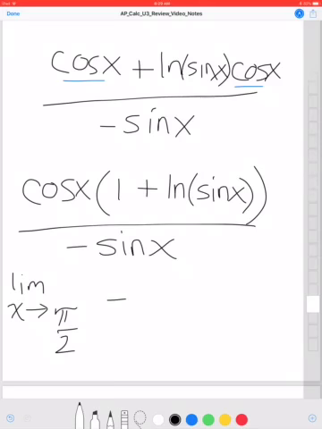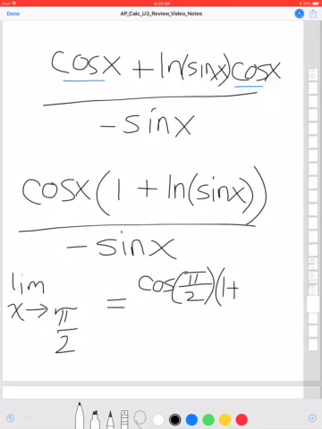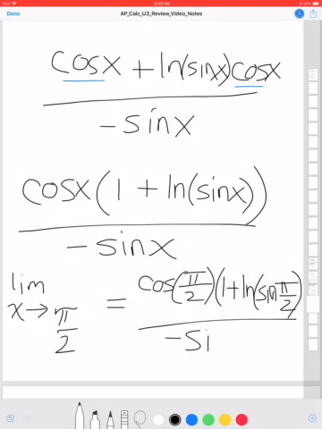Limit as x approaches pi over 2 of this thing is going to be cosine pi over 2 times 1 plus the natural log of sine pi over 2. Alright, this is really messy.